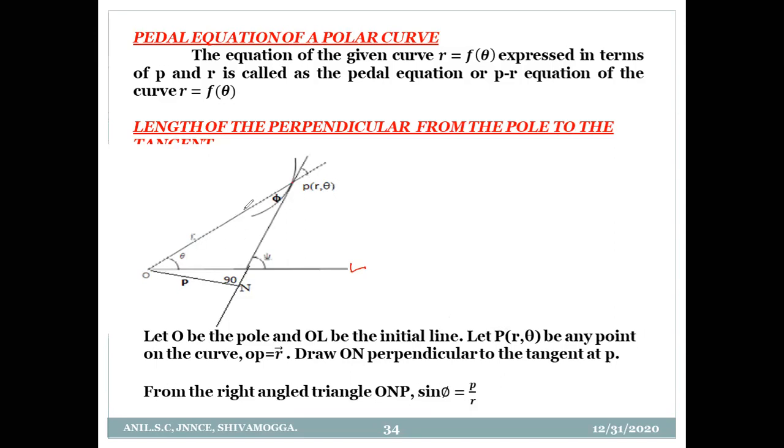And OP is the radius vector, this line segment directed towards this P. Now draw ON perpendicular to the tangent at P. Draw ON perpendicular to the tangent drawn at this point. This is small letter P. Now from this, clearly this is a right angle triangle. Since this is perpendicular, this angle is a right angle. The side which is opposite to right angle is called hypotenuse. This is hypotenuse.